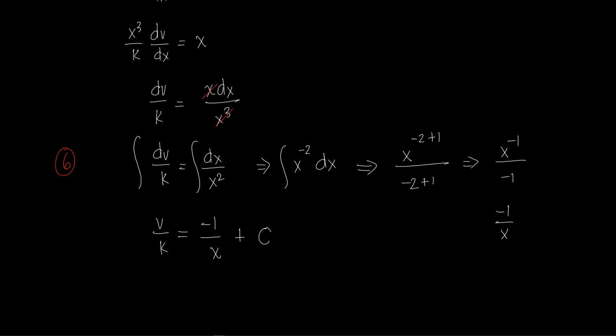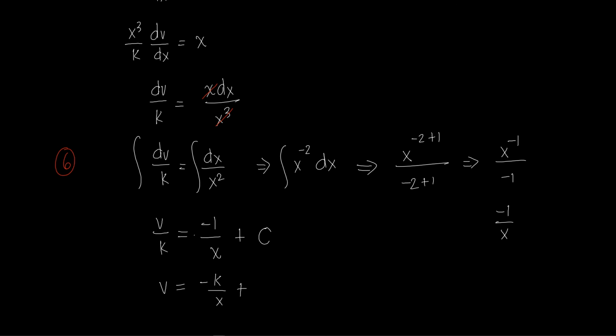Sige. Proceed. Multiply natin ito dito sa kabila para meron tayong v kasi yun yung target natin. Makakuha tayo ng v. So, we have v is equal to negative k over x. So, multiply natin yung k dito.